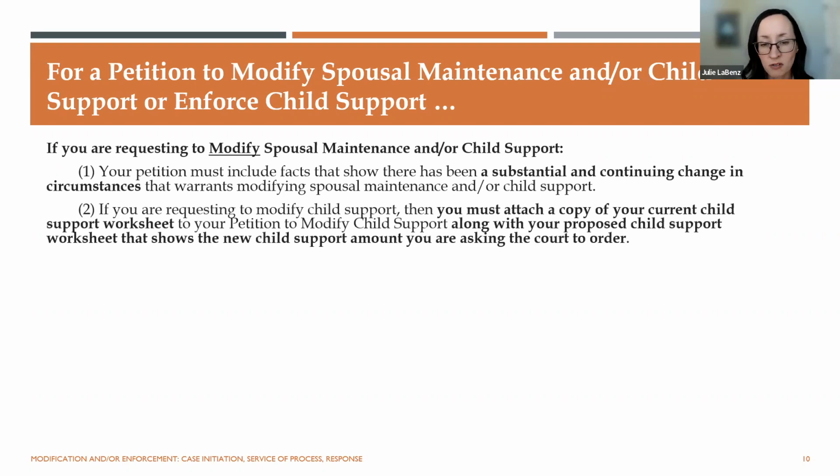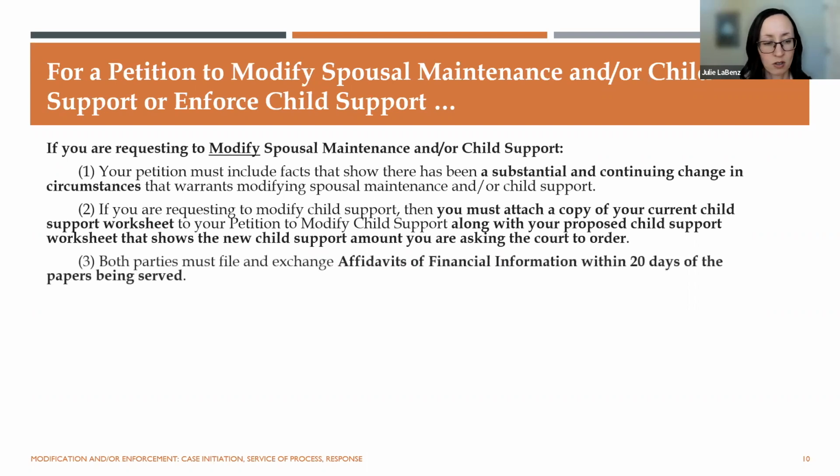If you're requesting to modify child support, you need to attach a copy of the current child support worksheet. And then also your proposed worksheet, with the new amount you want the court to order. So show what the current amount is under the current order and what you want the court to change it to.